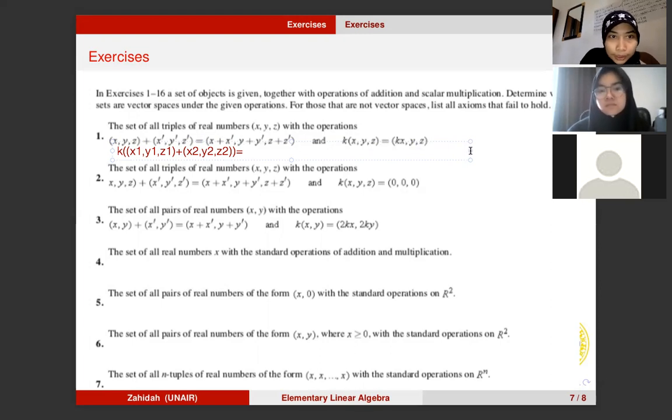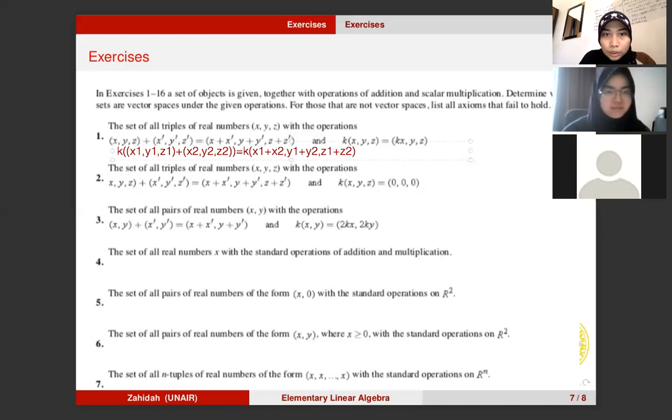So we have k times (x1 plus x2, y1 plus y2, z1 plus z2). By our definition, this is k times (x1 plus x2), and the second and third components stay the same here.